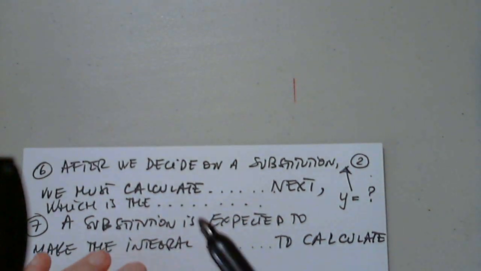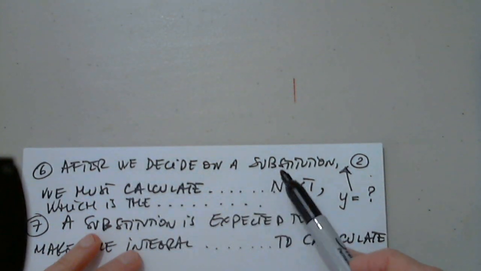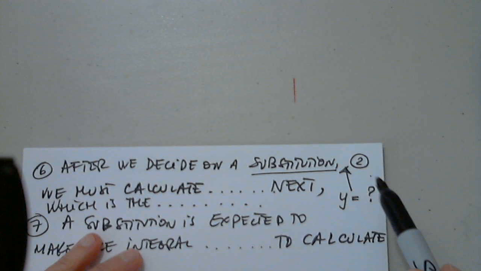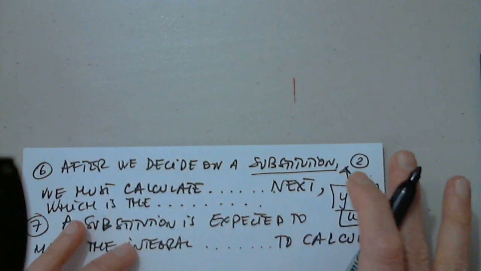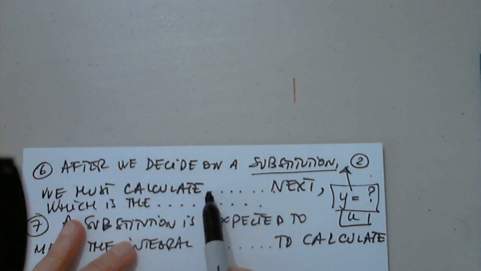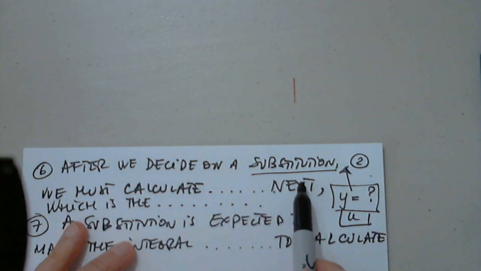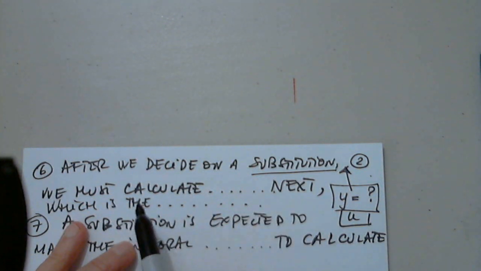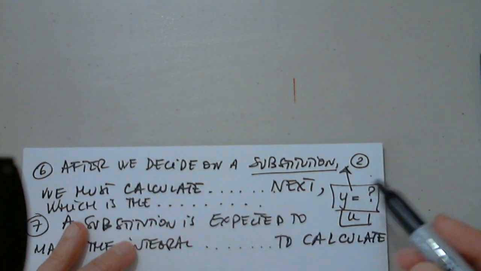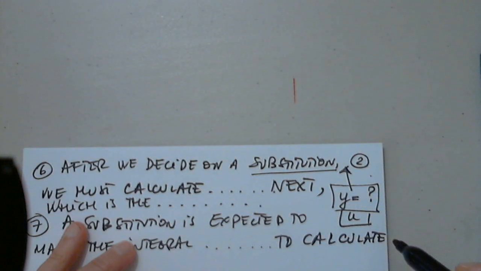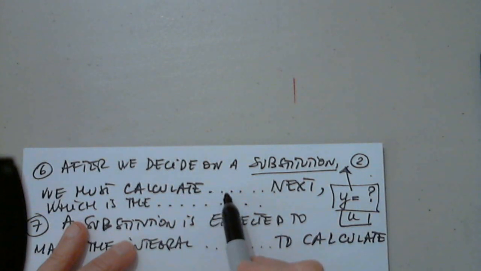Okay, last two. After we decide on a substitution, let's say we are using y or u, whatever letter you want, it doesn't matter, we must calculate what next? So we said, let y be whatever. What do I have to determine next?